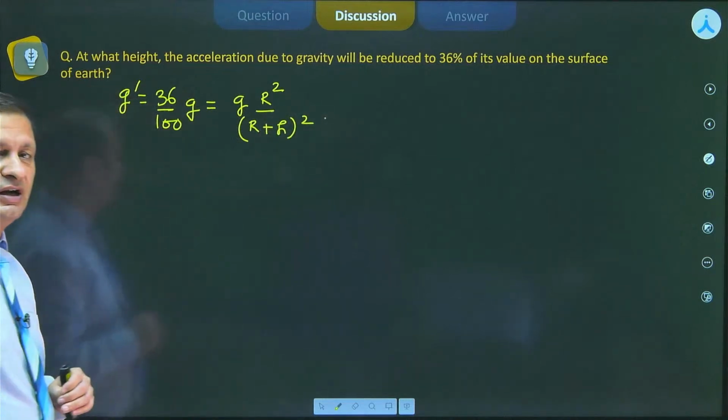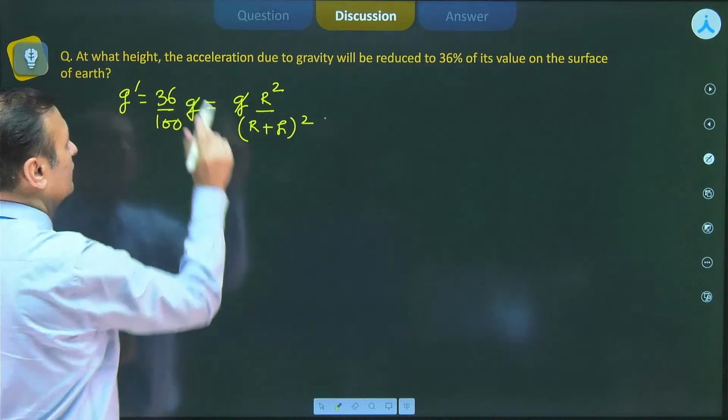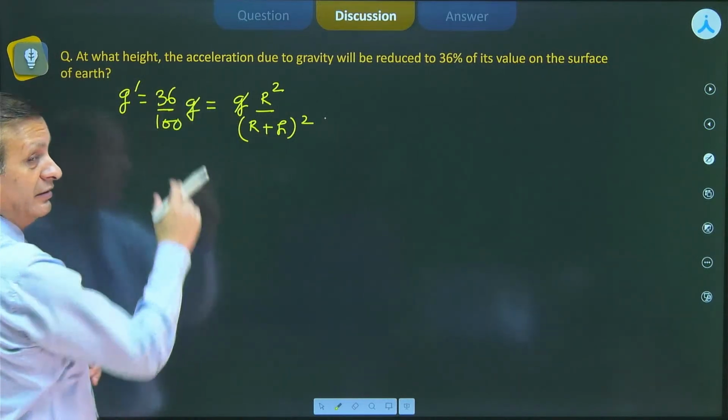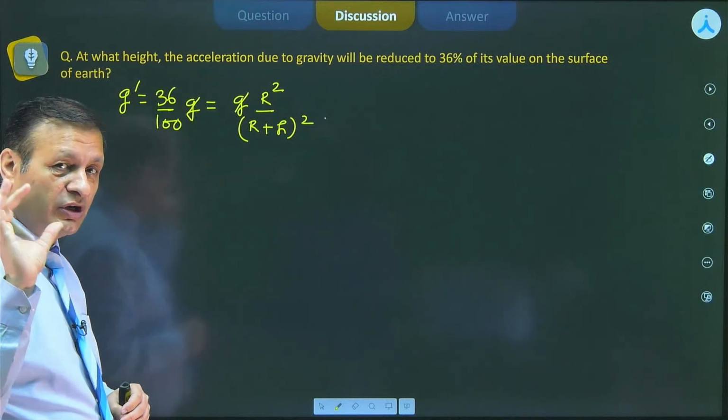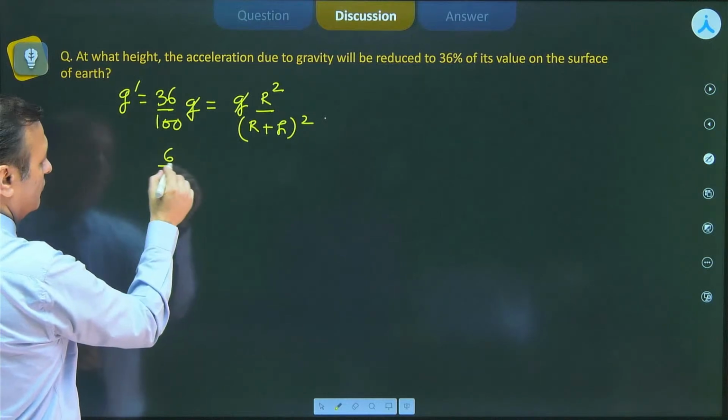Do we understand? And we have to find out this h in terms of this one. So, this goes, and again look at the mathematical way of doing it. Take square root both the sides.